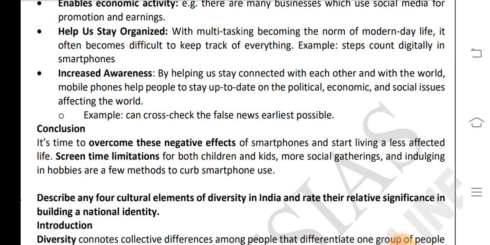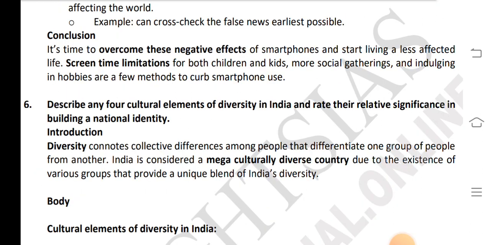For example, step counts tracked digitally on a smartphone increase awareness while helping us stay connected with each other and with the world. Mobile phones help people stay updated on the political, economic, and social issues affecting the world. For example, we can cross-check flash news to reach possible conclusions.